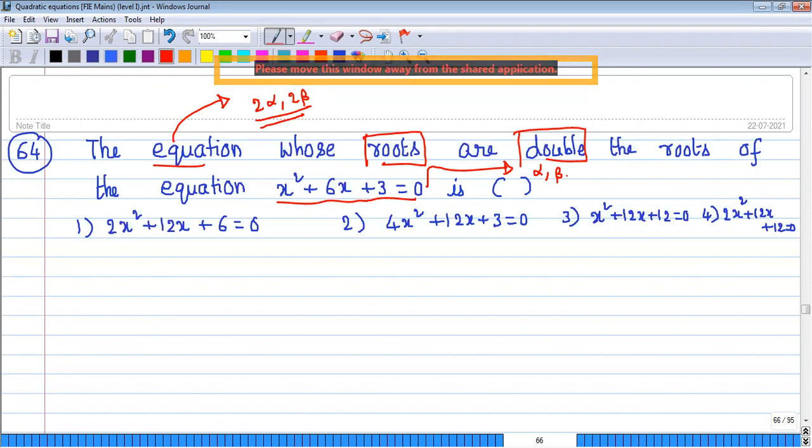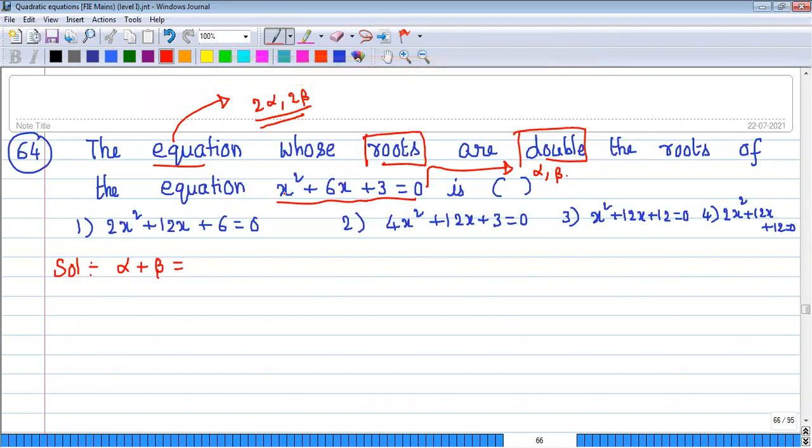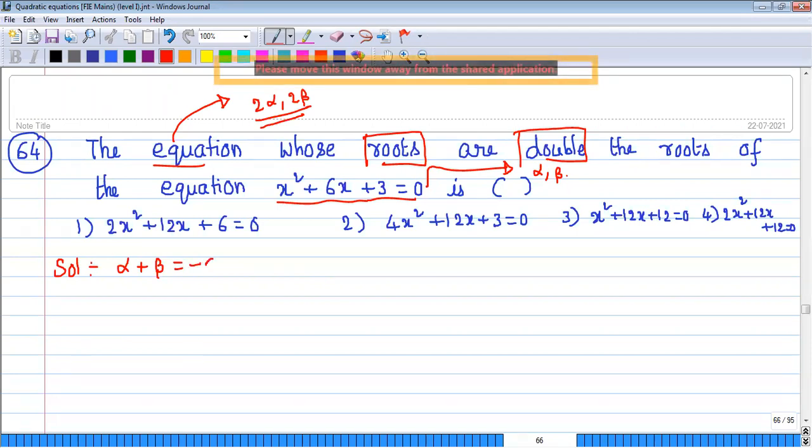So now first we shall find alpha plus beta. Using Vieta's theorem, when the x square coefficient is unity, alpha plus beta is minus the coefficient of x, and the product of the roots is equal to the constant term. So now the sum of the roots 2 alpha plus 2 beta is 2 times alpha plus beta, that is minus 12.